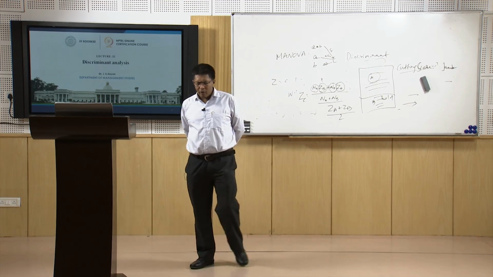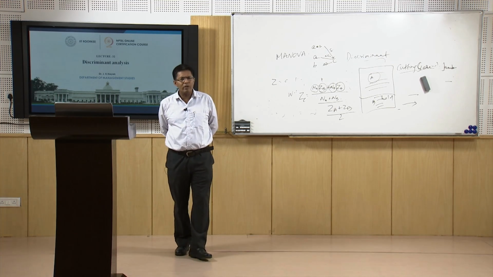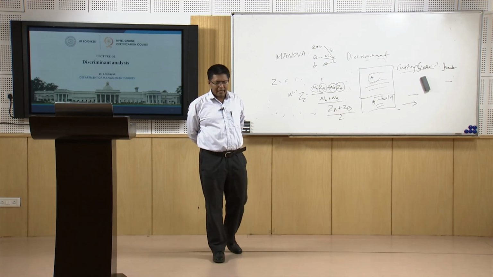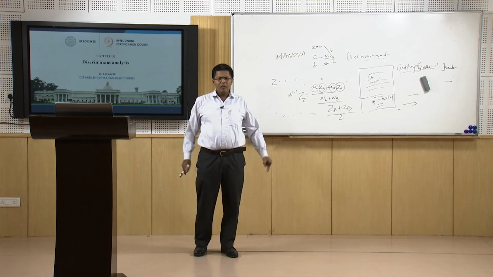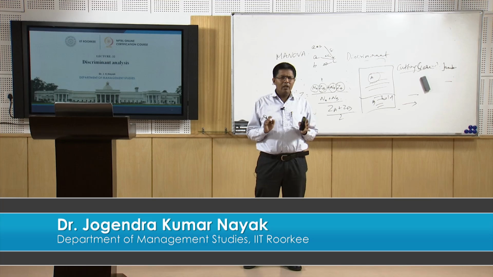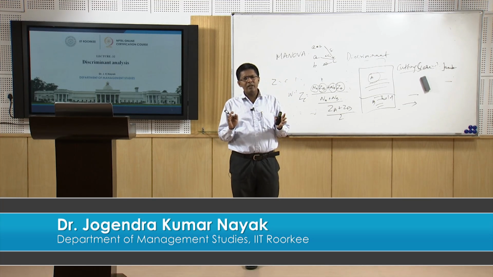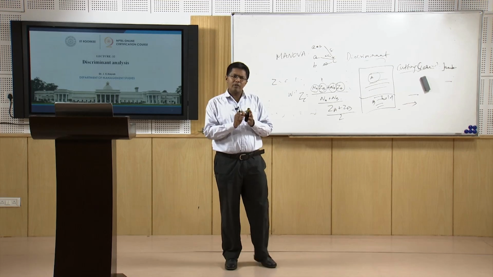So, I will explain how to conduct discriminant analysis with the help of SPSS, and how to interpret the results. I hope at this moment the theory is clear and you have understood why discriminant analysis, or logistic regression as I have said, can be used for the same purpose.